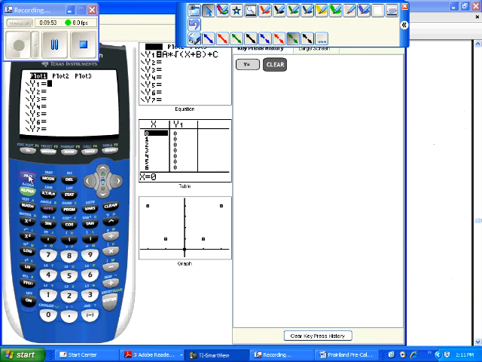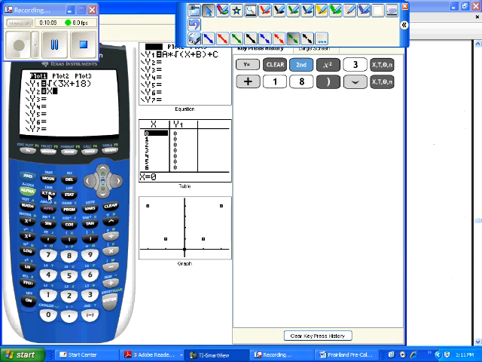I'm going to clear that out, and I'm going to do square root of 3x plus 18, and then I'm going to go down to y2 and put in x. You know that if you take an equation and you put the left side in y1 and the right side in y2, and you find the point of intersection, that's the solution. Y'all remember that from somewhere? So we're going to hit graph and see what we get.